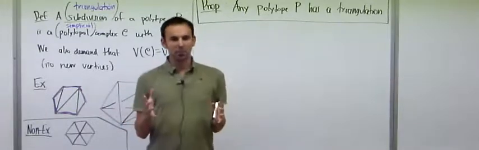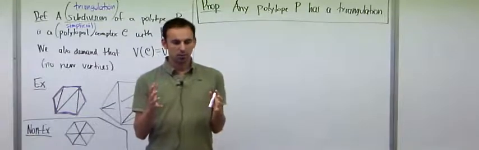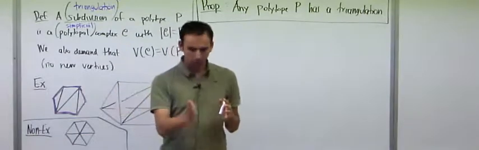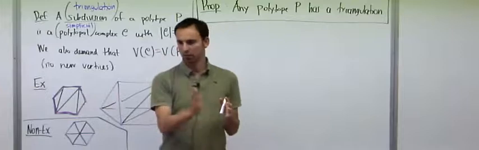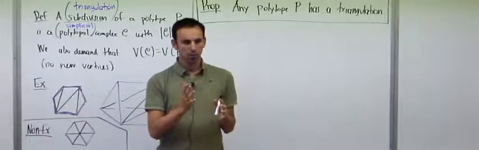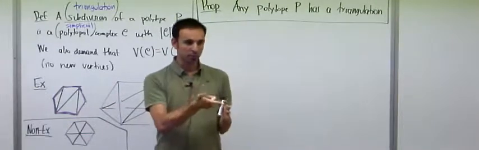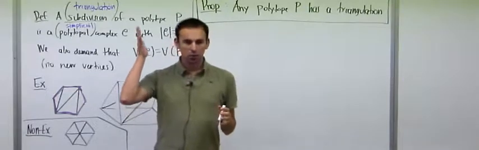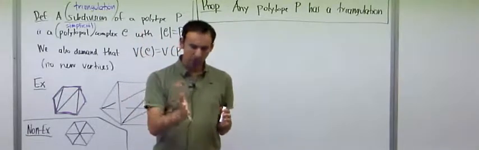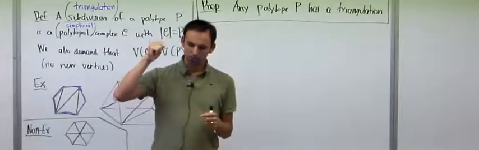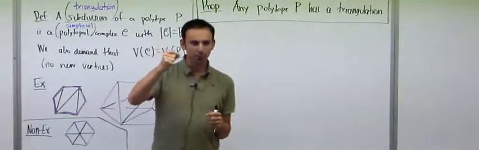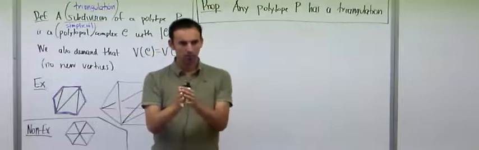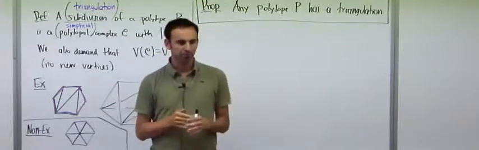If it's not a simplex, then what you can do is find hyperplanes that pierce through the polytope. And you have to be careful, as Nick pointed out last time. You want a hyperplane that is spanned by vertices of the polytope and separates the polytope into two.